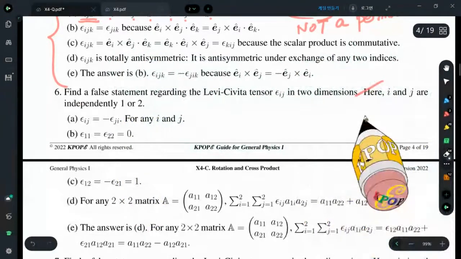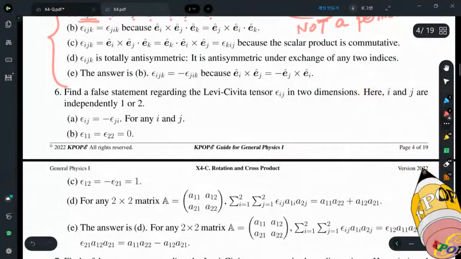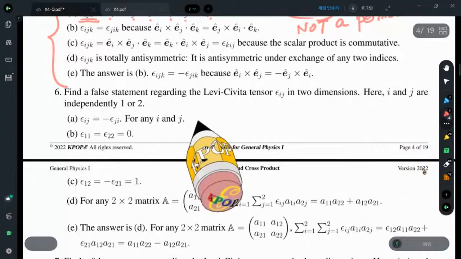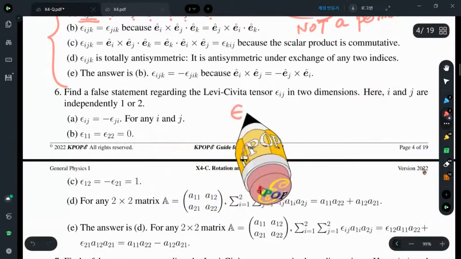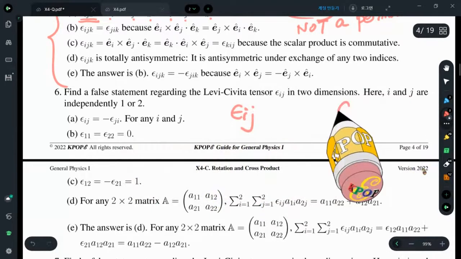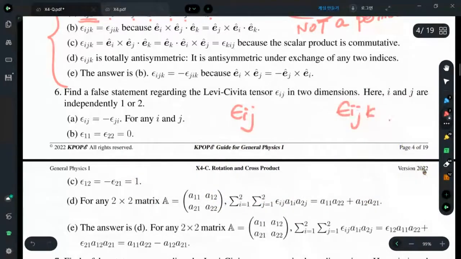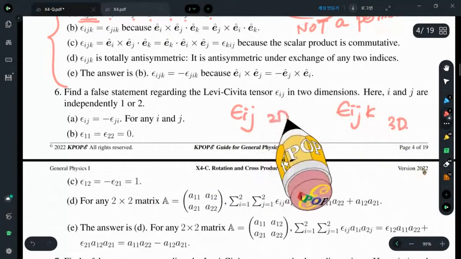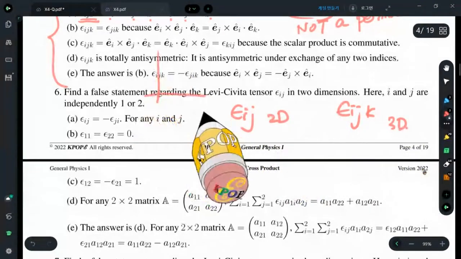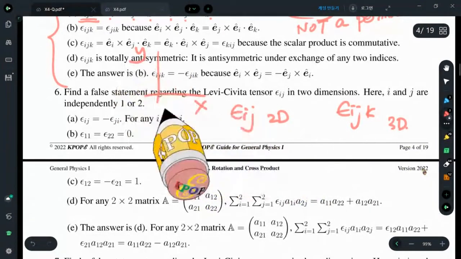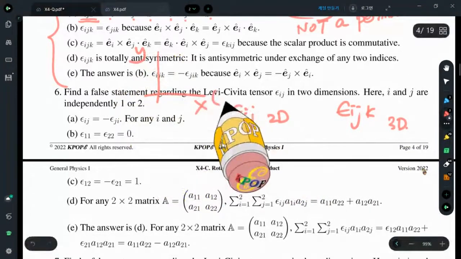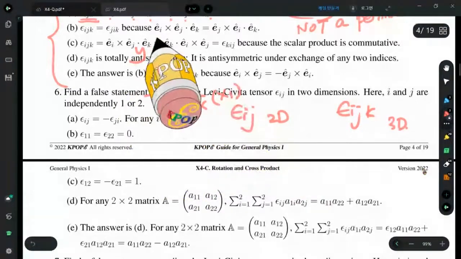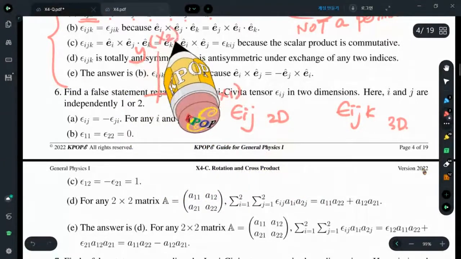So let us consider a simpler case: epsilon ij instead of ijk. This was 3-dimensional. This is 2-dimensional. We have only x, y axes, where x is x1 and y equals x2.